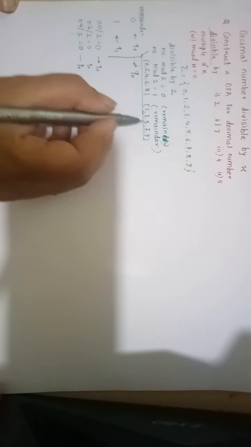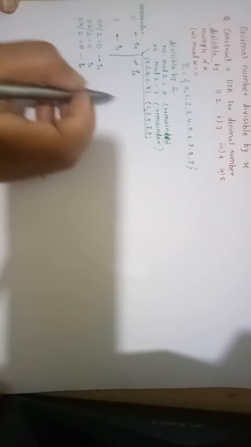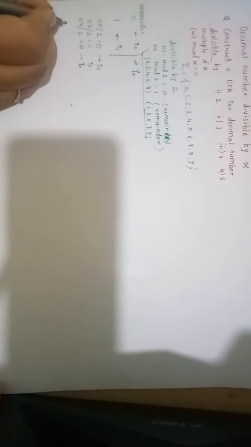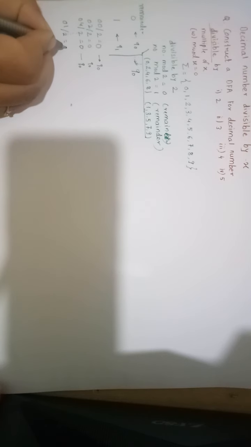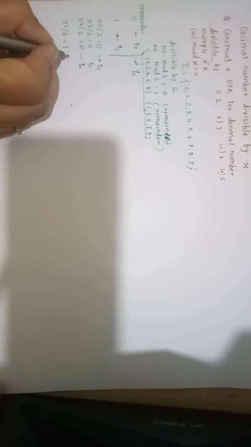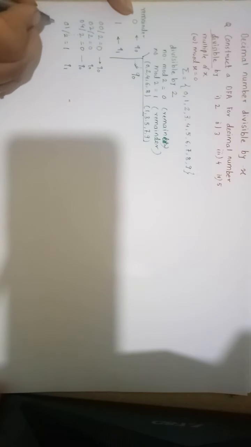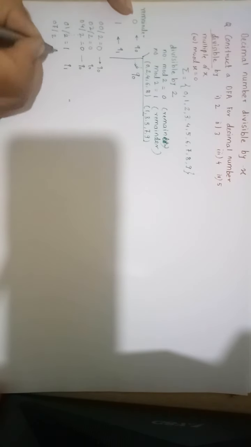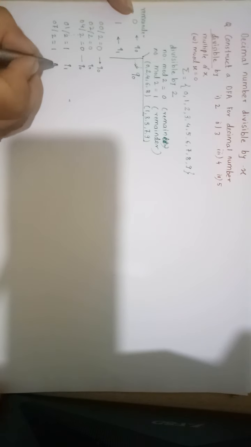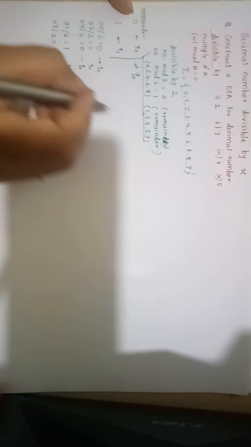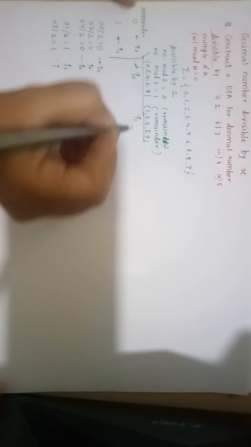Now for 01: 01 divided by 2, remainder is 1. Remainder 1 means Q1 state. Then 07 divided by 2, remainder 1, means your Q1 state. Same for another state, so here we define Q1 for 1.